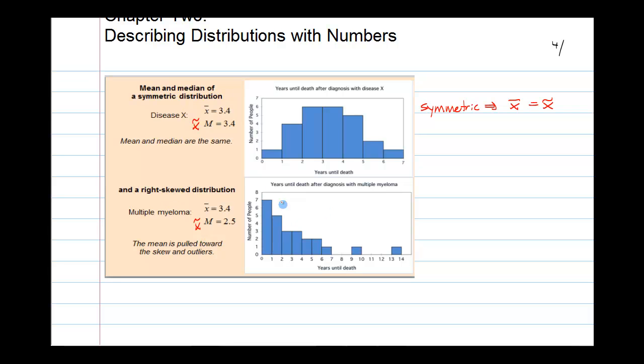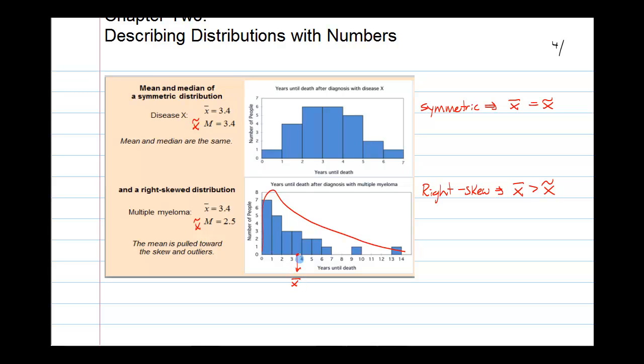Now if we look down here, we can see that this is very much a right skew distribution. So this is a right skew distribution, and for a right skew distribution, I would expect to see that the mean would be pulled toward this outlier and this tail over here. So what I would expect is the mean to be larger than the median. So let's see if that's true for this case. If we were to graph these values, x bar would be somewhere over here at, let's say, about 3.4.